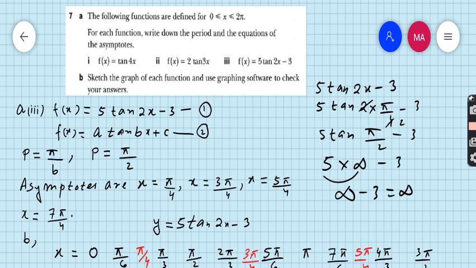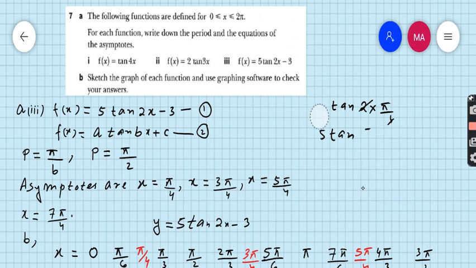So something multiplied by infinity is always infinity, infinity minus something is always infinity, and infinity plus something is always infinity. So this angle pi by 4 makes the whole function undefined. Therefore, this is the asymptote, and because asymptotes are vertical lines, the equation is x is equal to a constant value. So the first asymptote is x equals pi by 4.